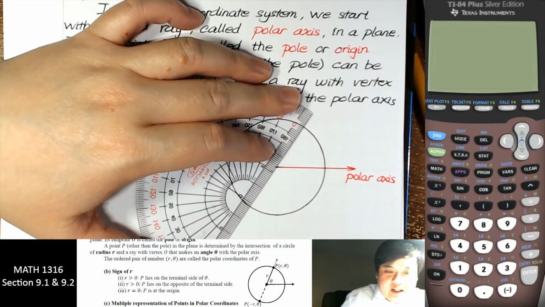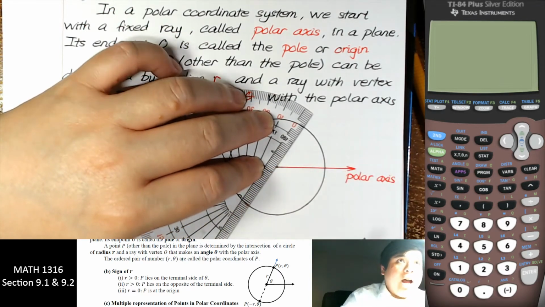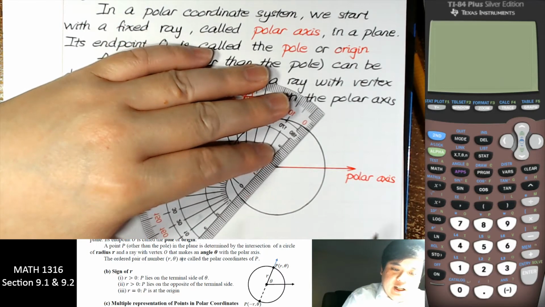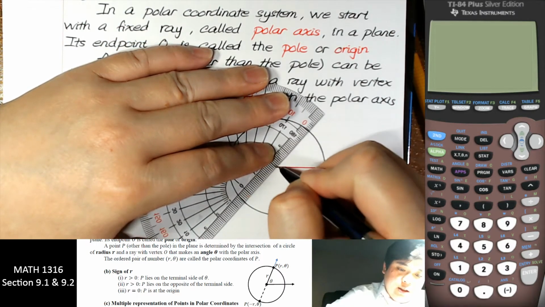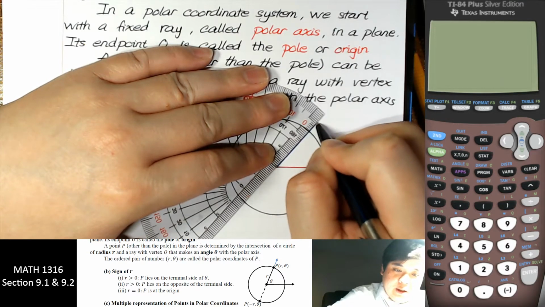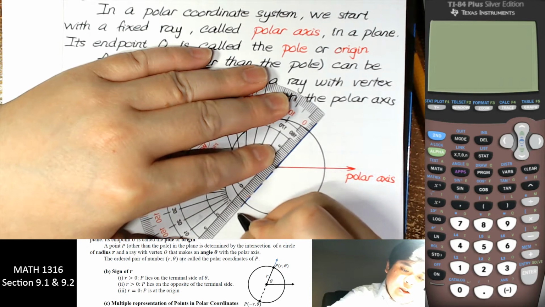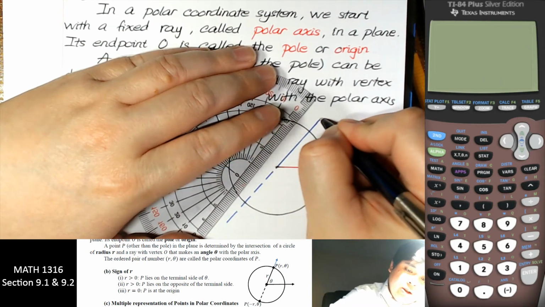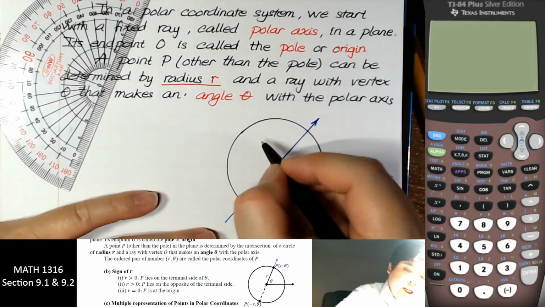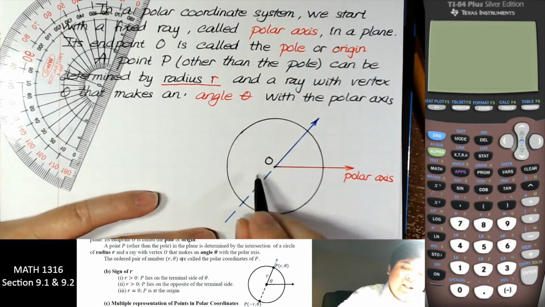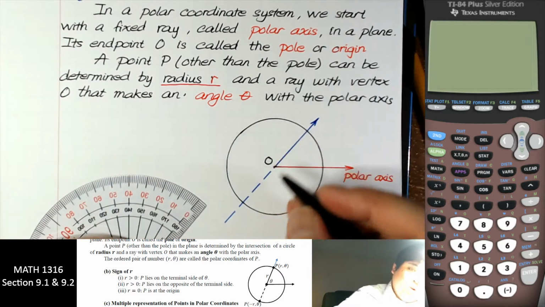And then next, we will have an angle formed with the polar axis. So we have the polar axis, and then we rotate an angle.